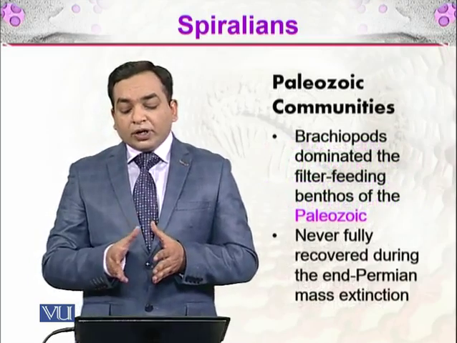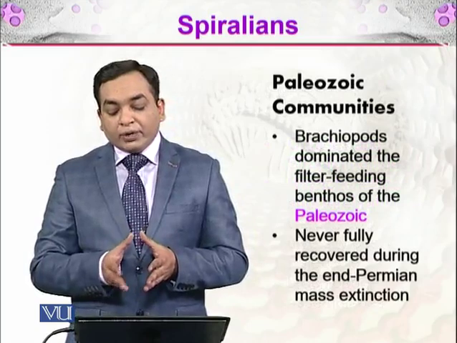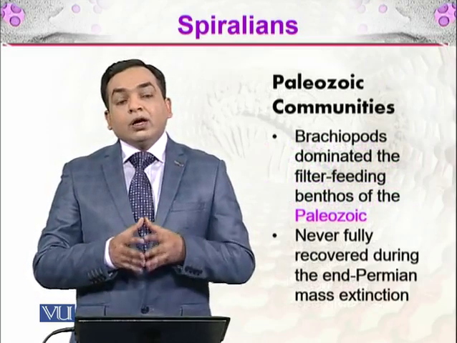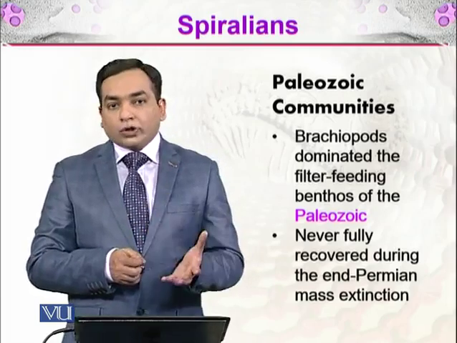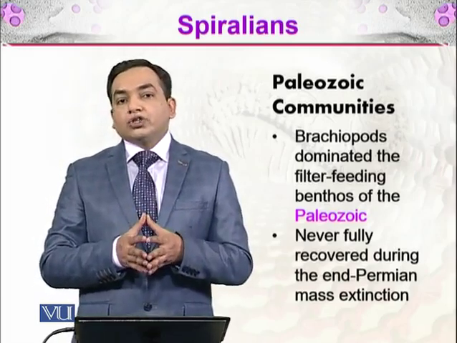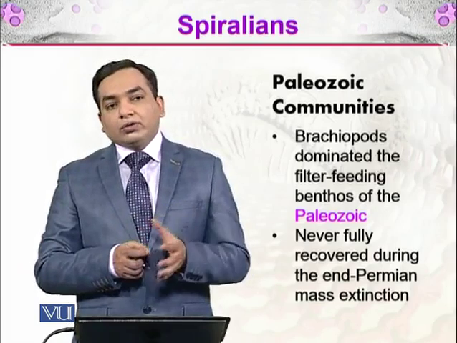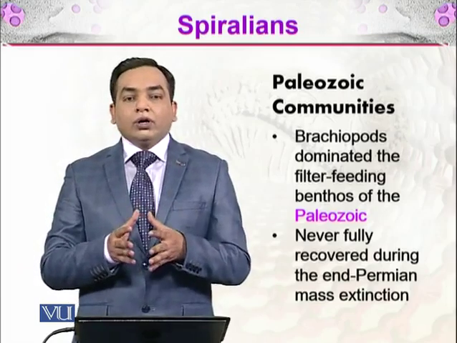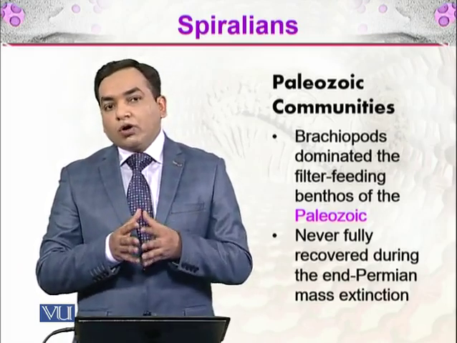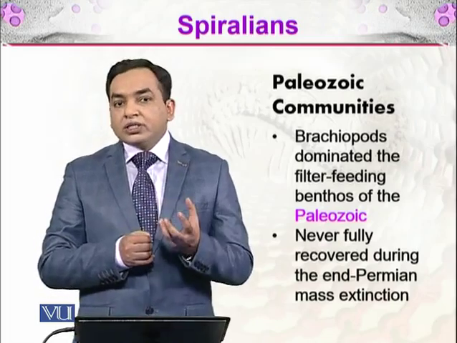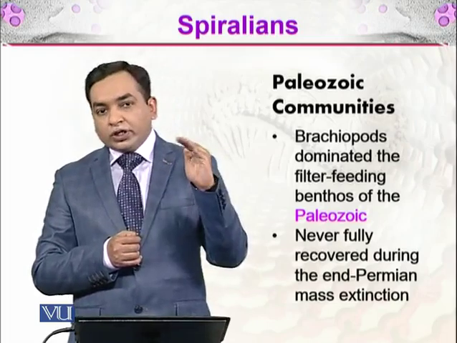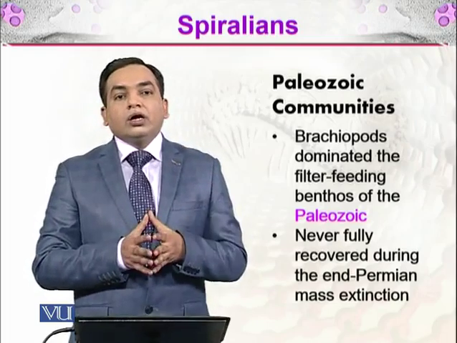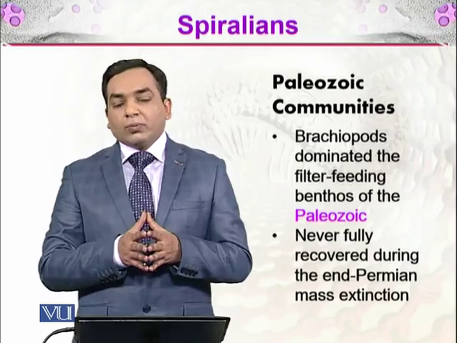So brachiopods dominated the filter-feeding benthos of the Paleozoic. So benthos is the ocean bottom, right? The ocean is full of life, right? The organisms are dying, and when they die, they either float up or go down to the bottom of the ocean.